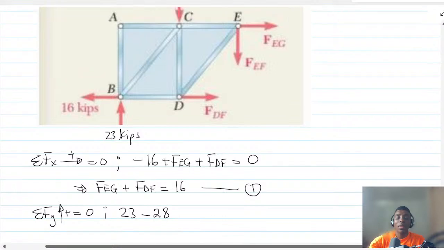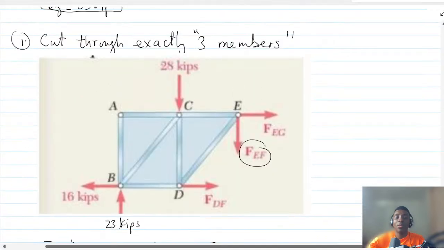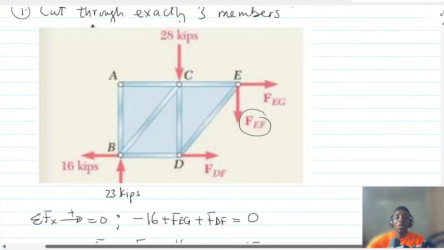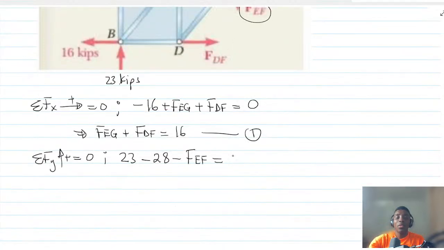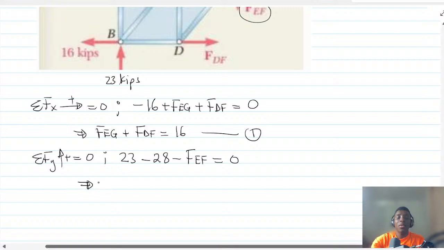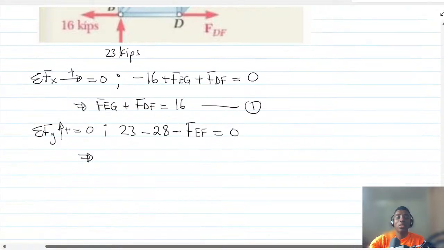And then FEF is coming down. So minus FEF. That one is coming down. Okay. So from this one, we can clearly see that we can solve for FEF straight away, because there is no other force along the y direction.